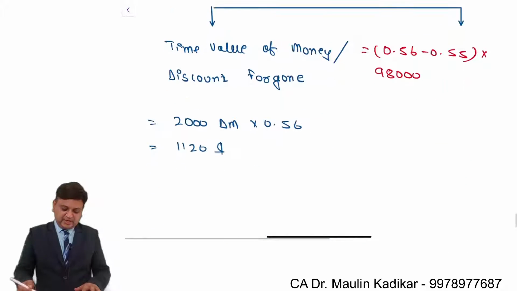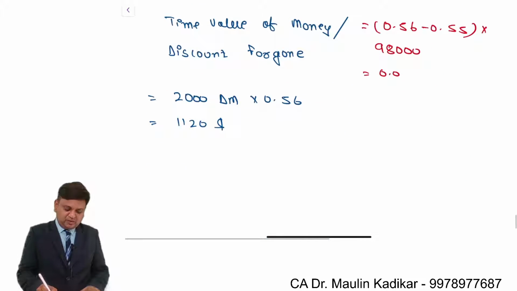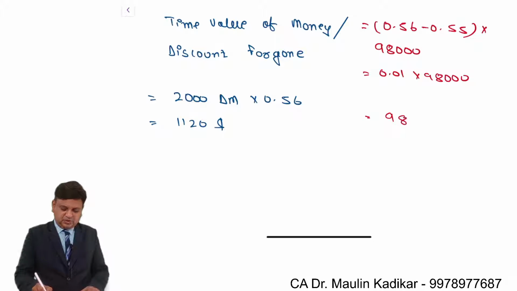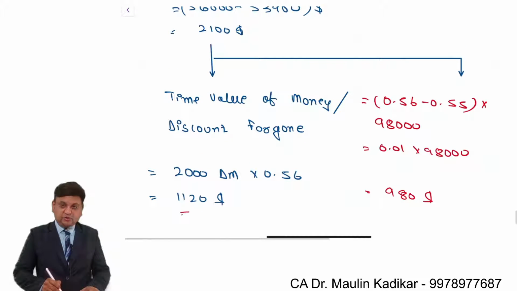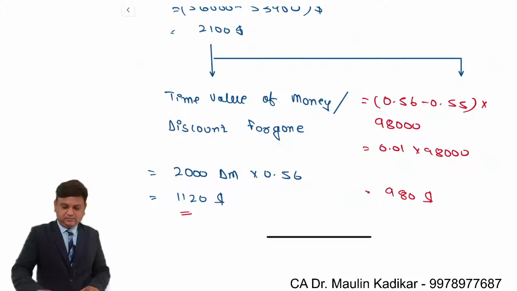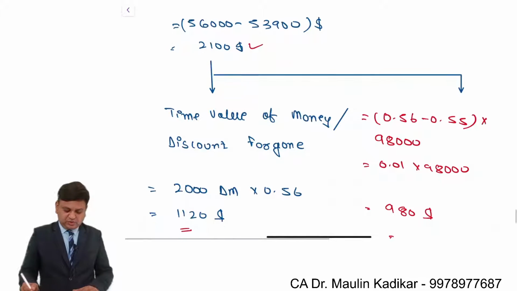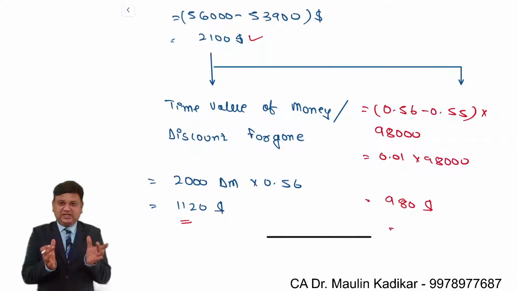So it increases by $0.01 per Dutch mark into 98,000, so it comes to $980. So 1,120 plus 980. That is the way this 2,100 can be segregated between both of them.